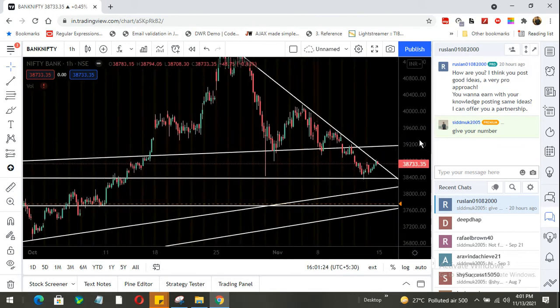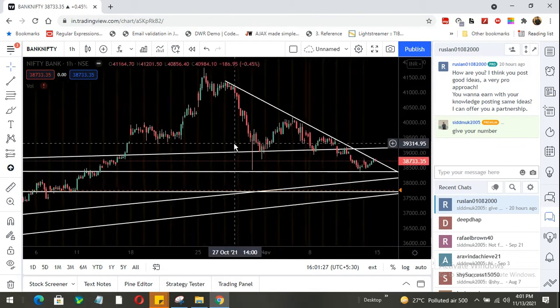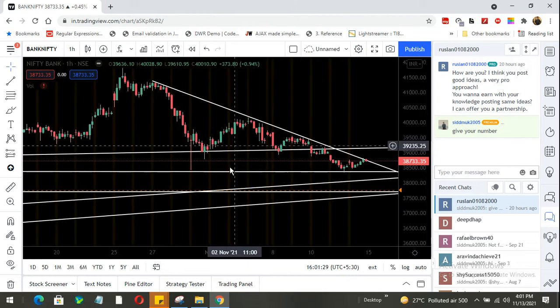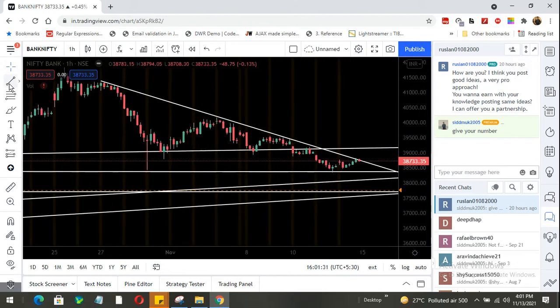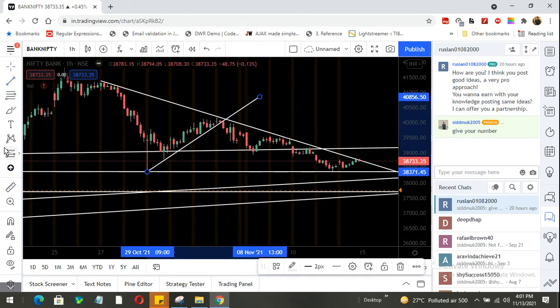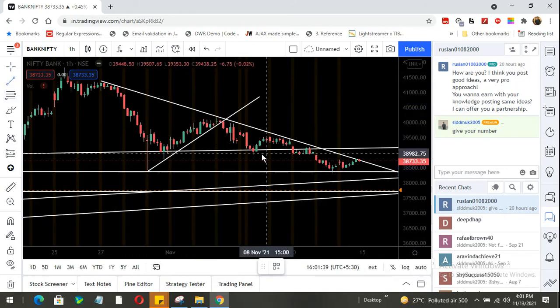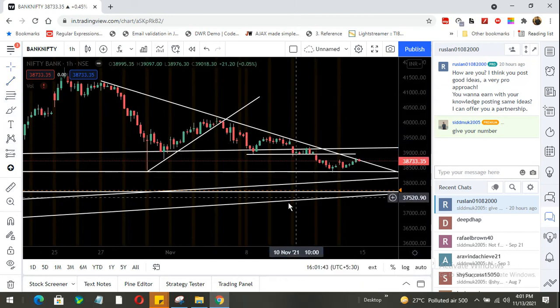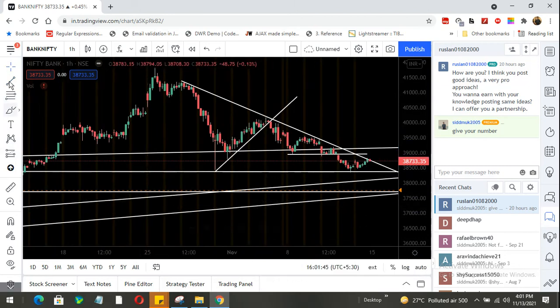Now in the hourly candle, we will draw a few things. Whatever trend lines are there, we have to draw. First trend line I have drawn, second trend line is there, and this is another trend line.